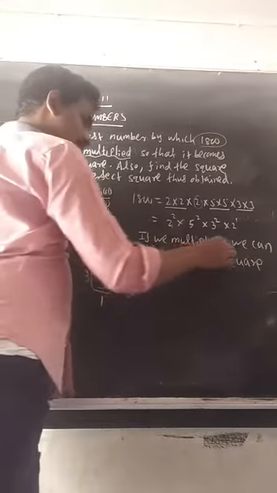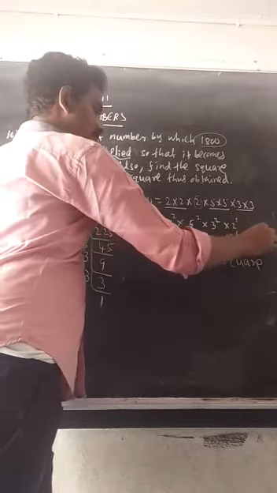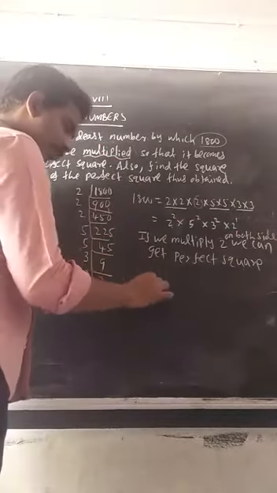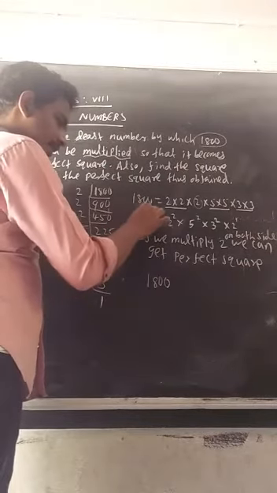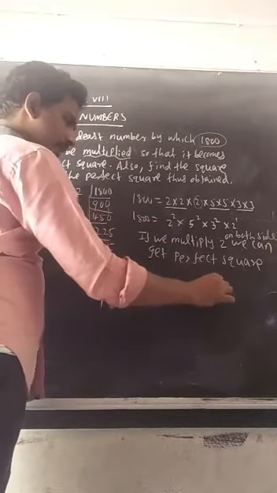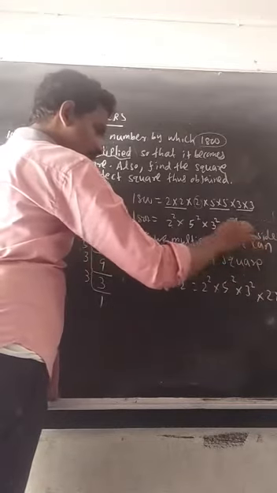So on both sides we write. Now 1800, already here 1800. Now what I said? Multiply by 2. So 2 square into 5 square into 3 square into 2, already is there.